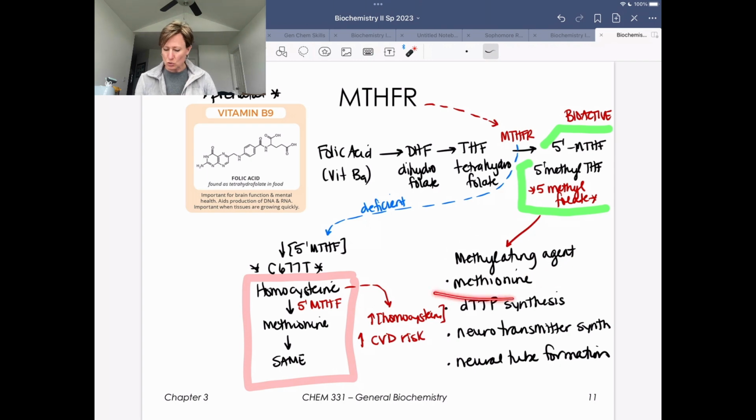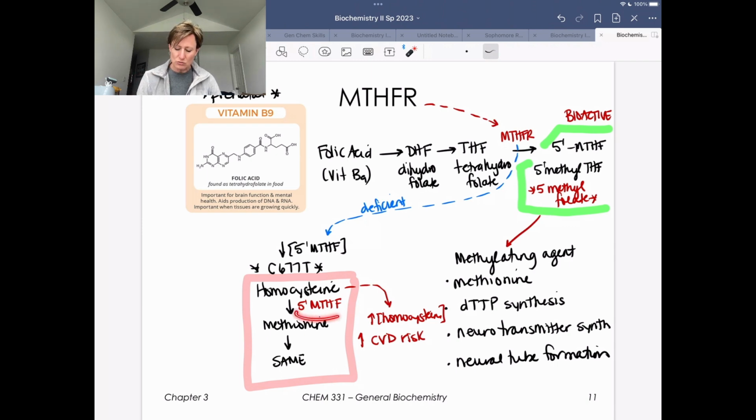methylating agent. So the story that we're going to talk about here is its connection to methionine metabolism. We're going to be talking about how 5-methylfolate is really important for the conversion of homocysteine into methionine. We're going to be talking about these conversions on the next slide, much more slowly drawing them out.